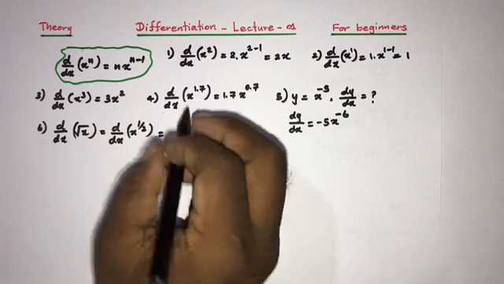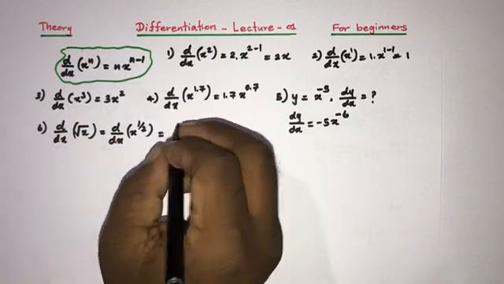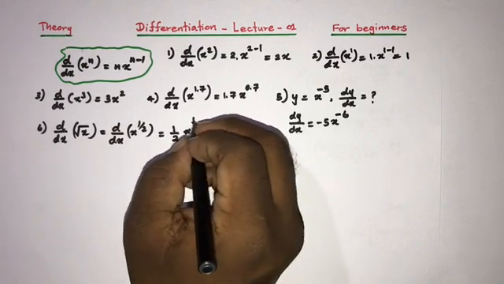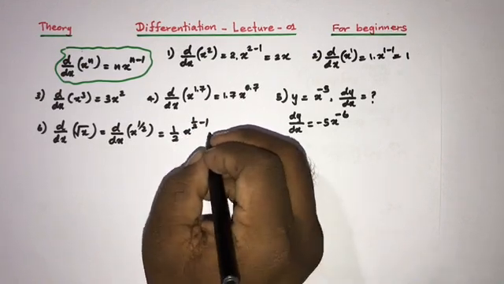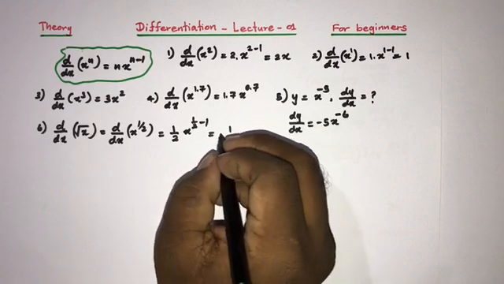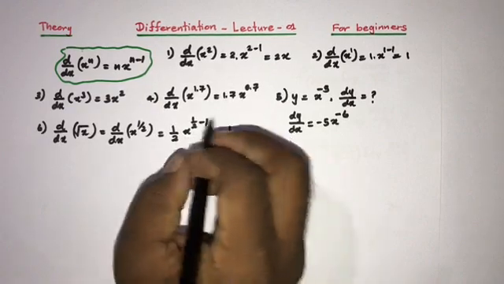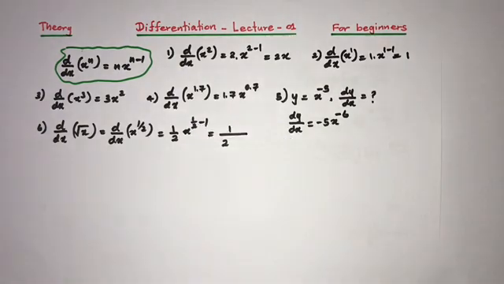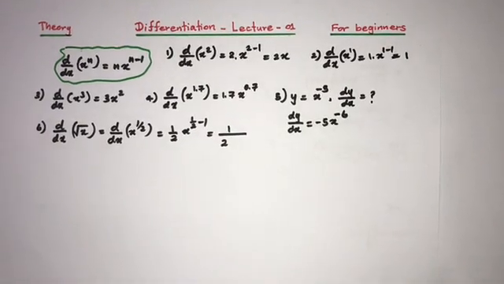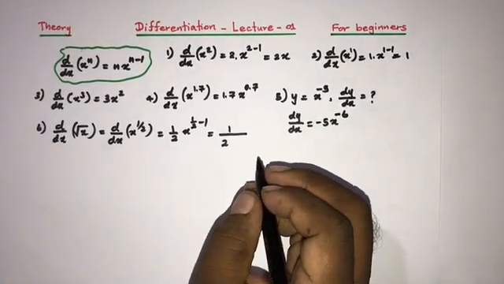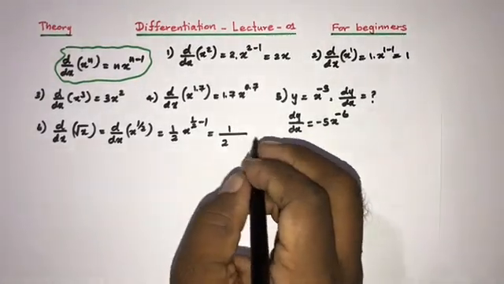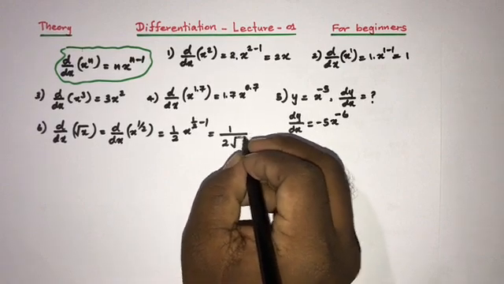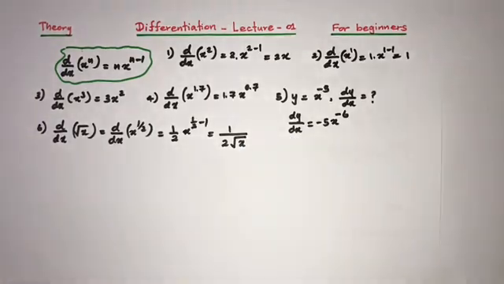Then we can apply the power rule, so we write this 1/2 here, and x to the 1/2 minus 1. So we have 1 over 2, and x to the 1/2 minus 1 is x to the minus 1/2. So x to the minus 1/2 we can write in the denominator as x to the 1/2, and x to the 1/2 is the square root of x.